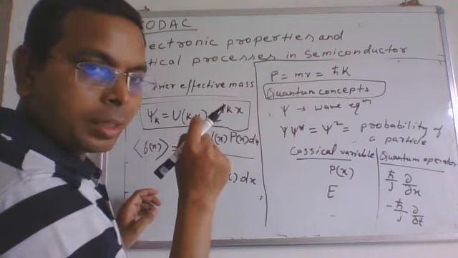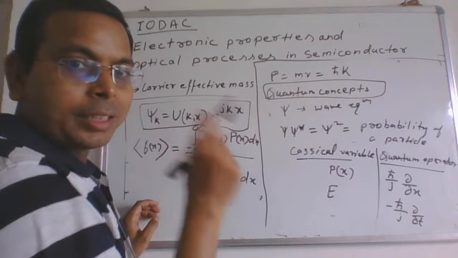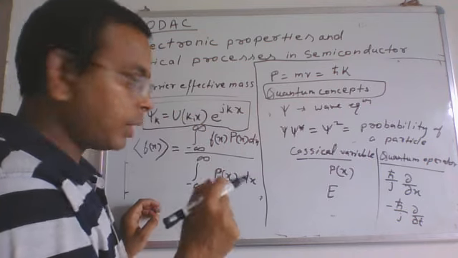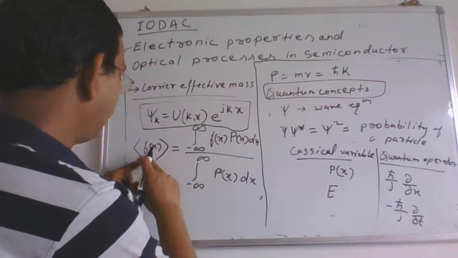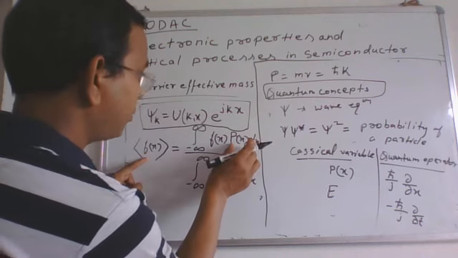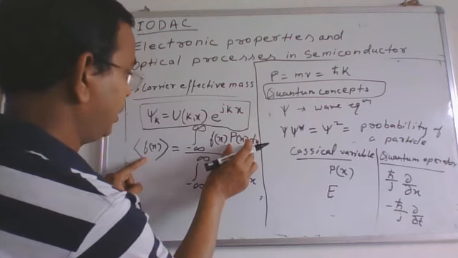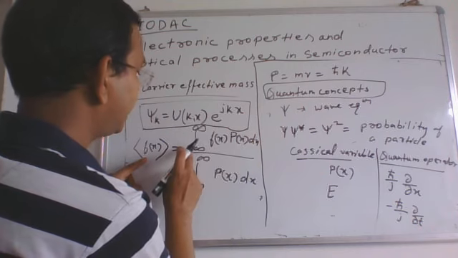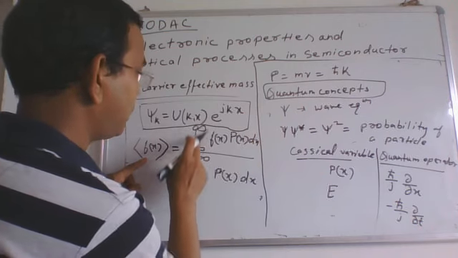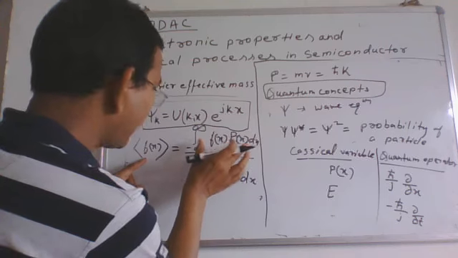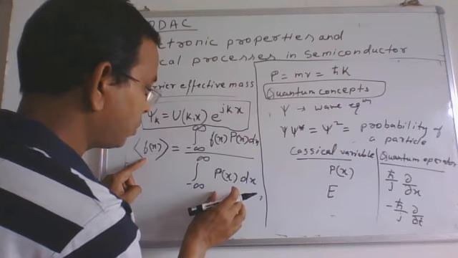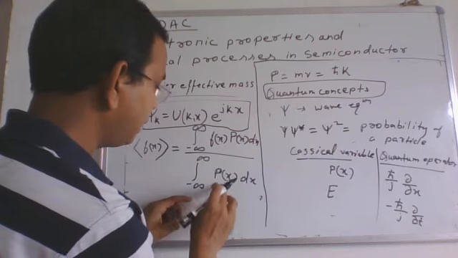Now to find the expected value or average value of any quantity, say f(x), we must multiply this f(x) by the probability function and then integrate from minus infinity to infinity throughout the space, and we must normalize this integration with the total probability, integral from minus infinity to infinity of p(x) dx.